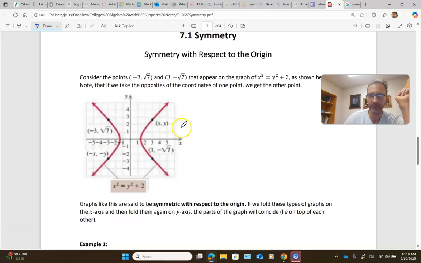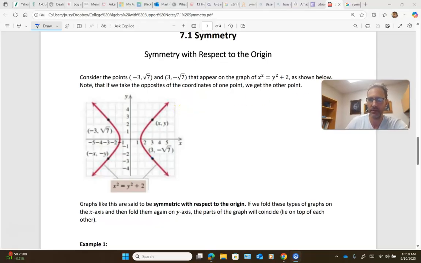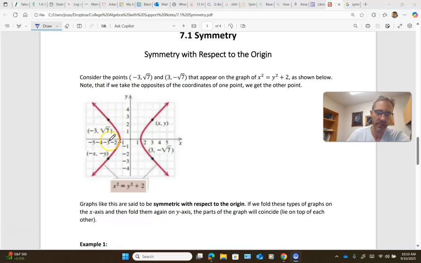Okay? Now again, this one actually exhibits both x and y symmetry as well. That's actually what it means for something to have origin symmetry. It exhibits both x and y symmetry. Now, as you can see, this is not a function either.